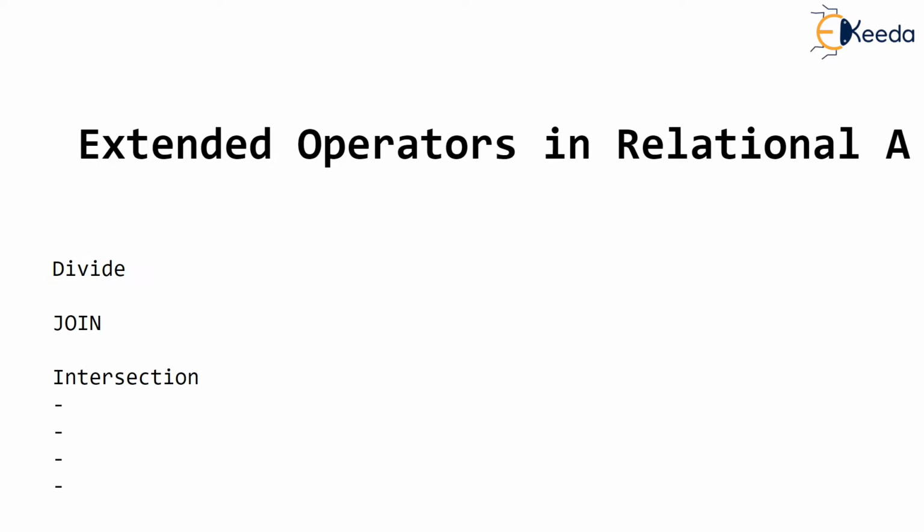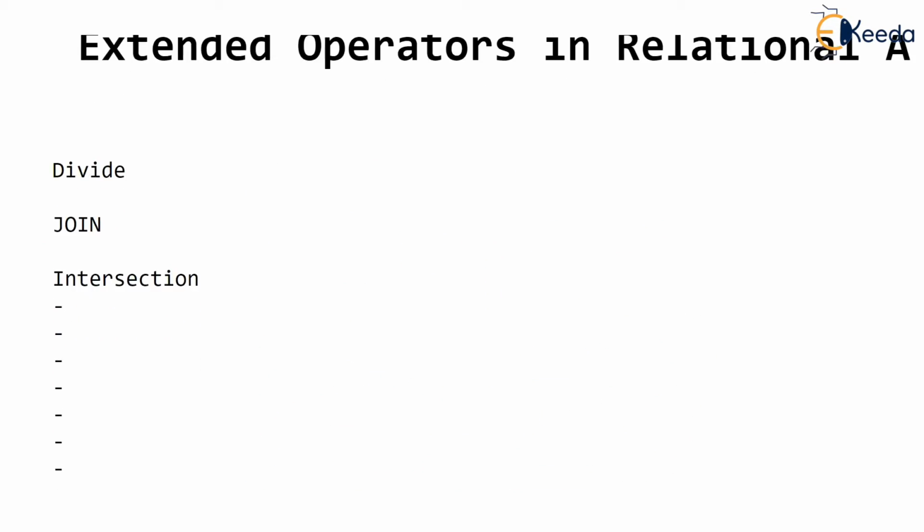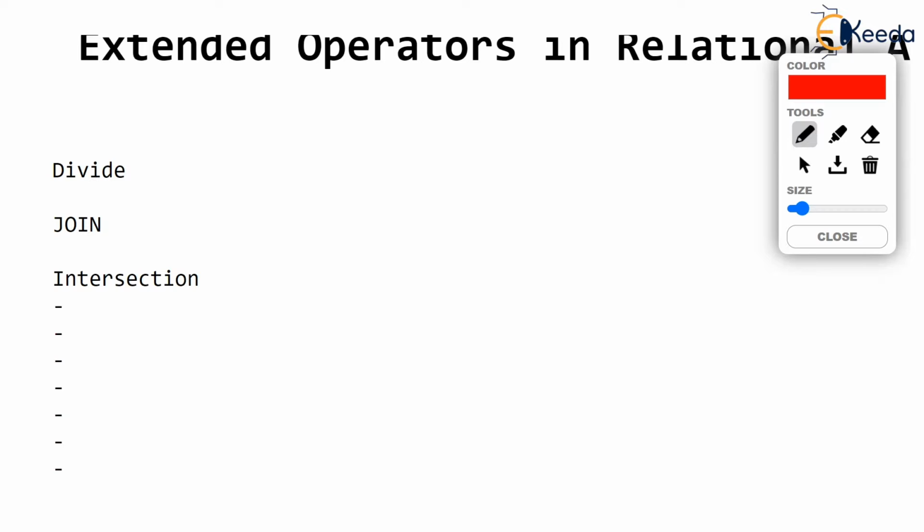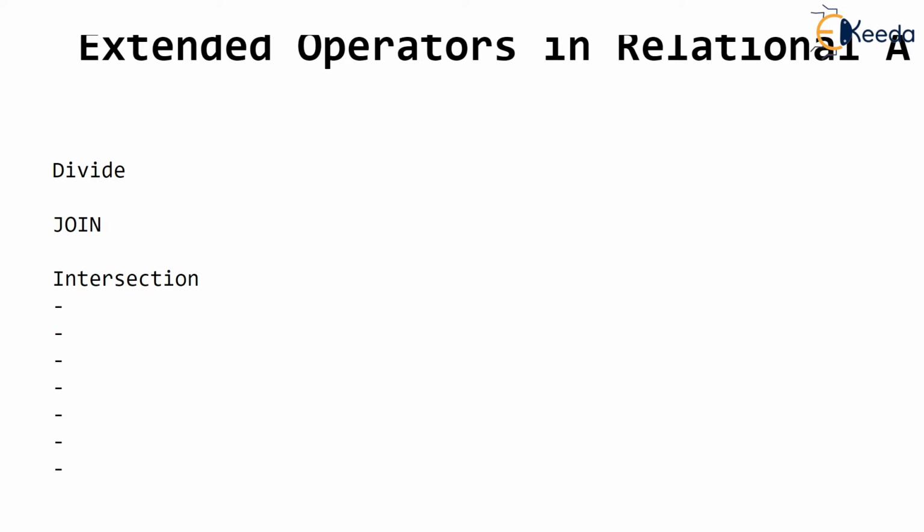The third comes intersection. Now intersection also has been discussed in one of the videos labeled set operations in relational algebra. And in the same video, we have discussed 3 operations: union, minus, and intersection. Now union and minus are basic operators, whereas intersection is a derived operator.